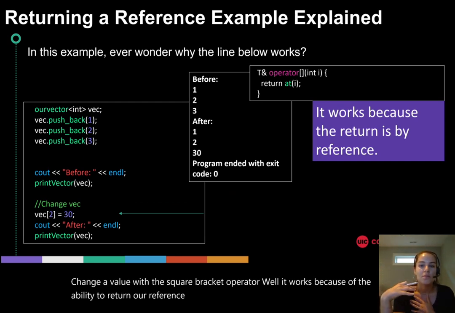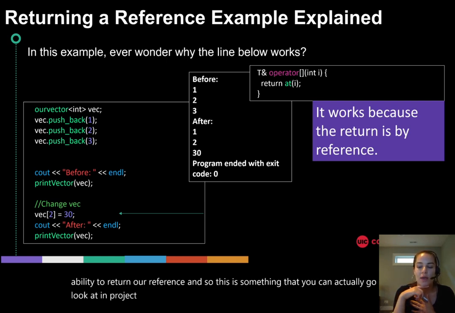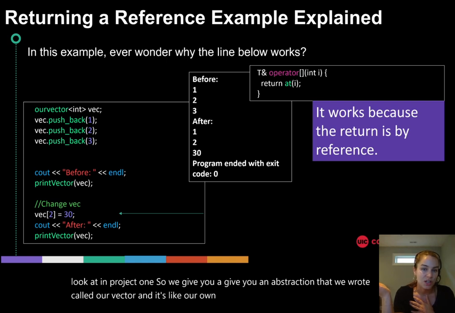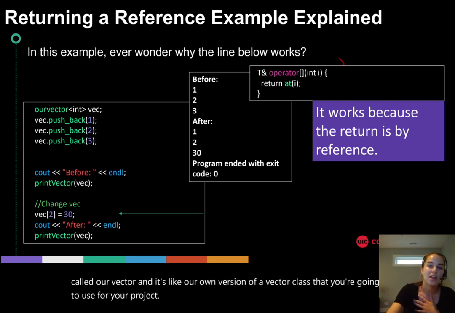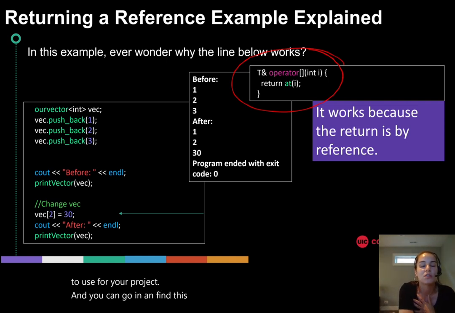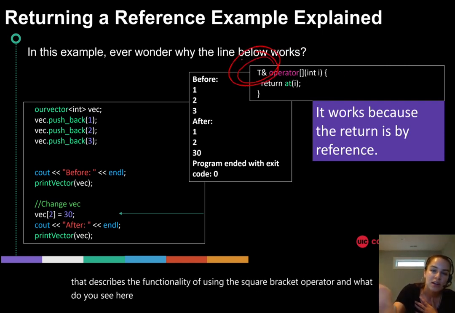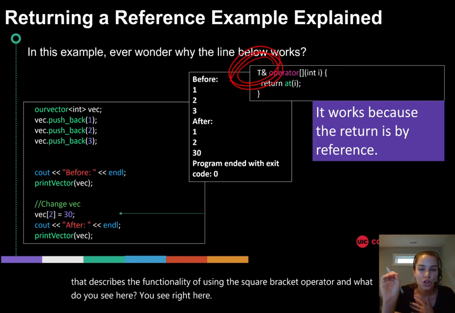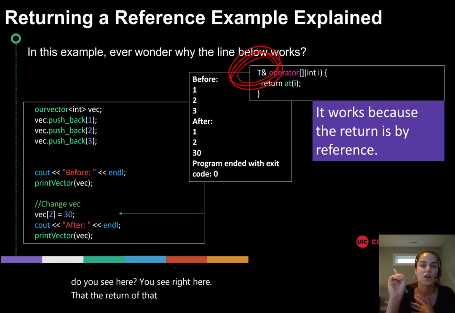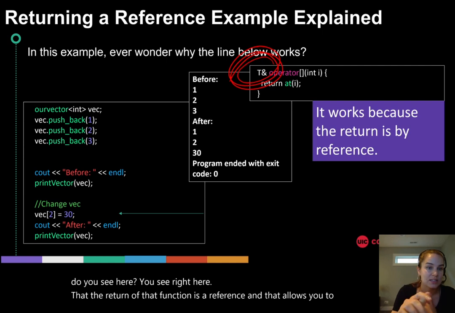And this is something that you can go look at in project 1. We give you an abstraction that we wrote called rvector, which is like our own version of a vector class that you're going to use for your project. You can go in and find the member function that describes the functionality of the square bracket operator. And what do you see here? You see right here that the return of that function is a reference. And that allows you to get direct access to the vector.